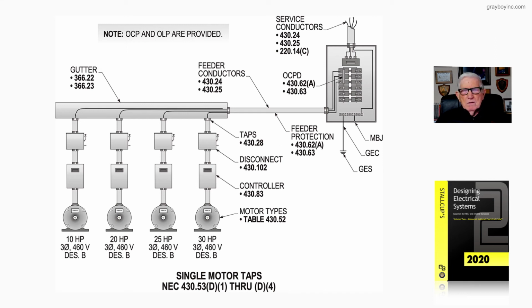So 430.28 is much different than these other tap rules, because 430.28 deals with taps to motors. Like, you could tap to this motor to the right and tap to that disconnect. And remember, fuses hold 5 times their ratings to allow motors to start and run.